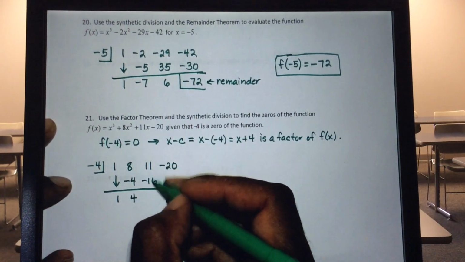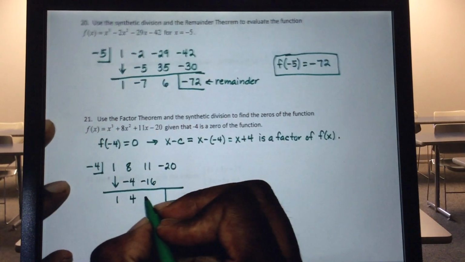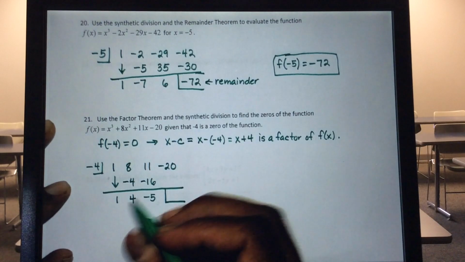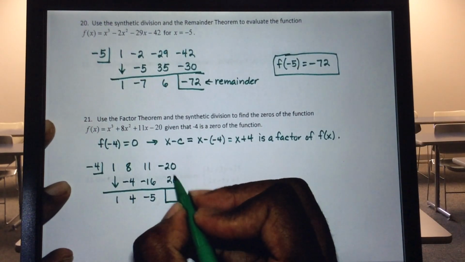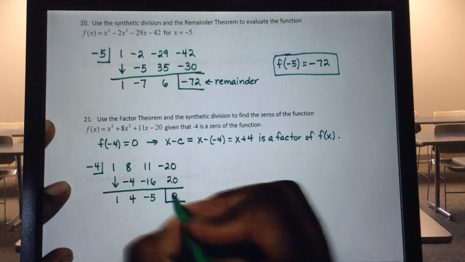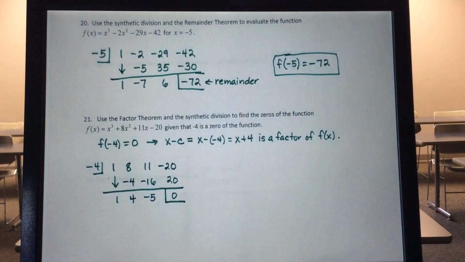Add 11 and -16 together, you're going to get -5. And then finally, -4 times -5 will be 20. Add -20 and 20 together, you're going to get 0. So here, I would expect to get a 0 remainder because the -4 is a 0 of that function.